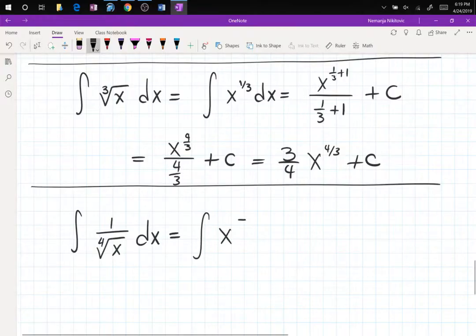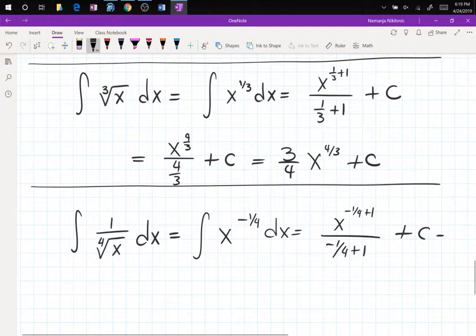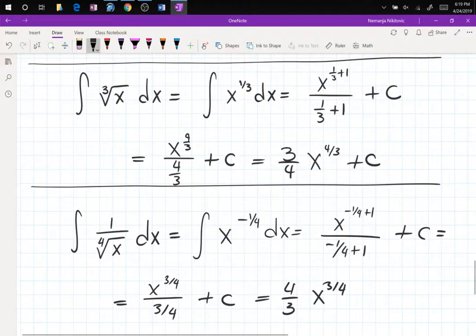It's a negative exponent of 1/4. And then you will add 1, and then plus c, which is x to the 3/4 divided by 3/4 plus c, which is 4/3 x to the 3/4 plus c. Great.